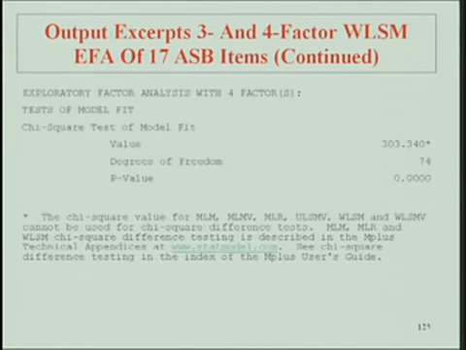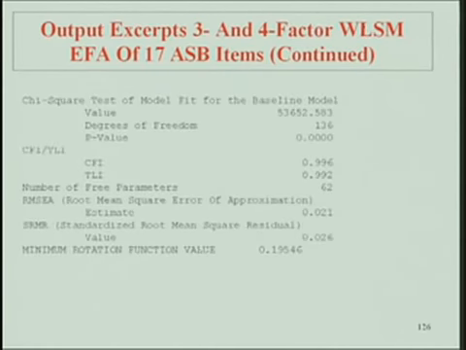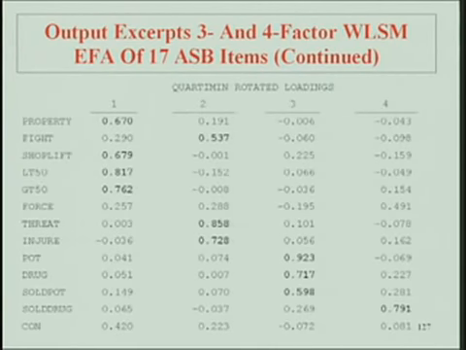I think we have the 4-factor solution here. Chi-square drops quite a lot, becomes better. And the 4-factor solution on slide 127 suggests that we have a clean factor structure here.